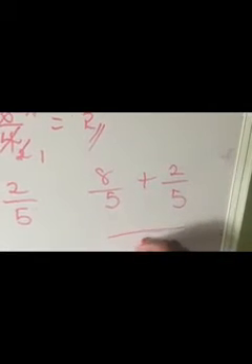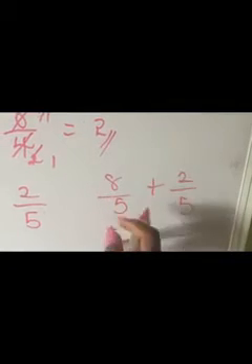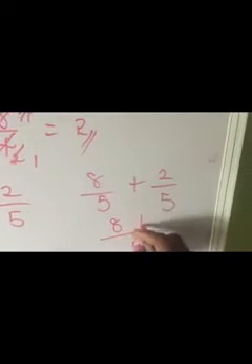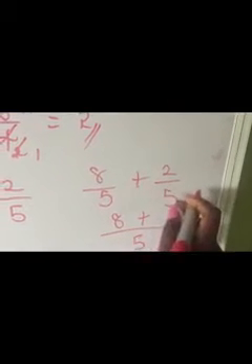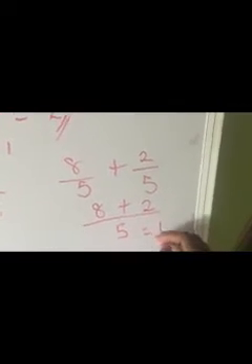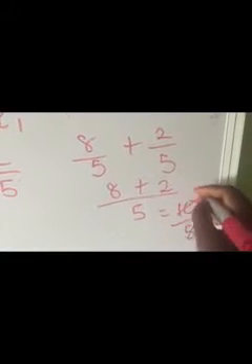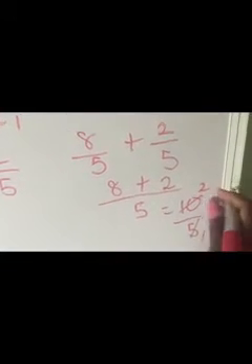The LCM is 5. 5 divided by 5, 1. 1 times 8, 8. Plus 5 divided by 5, 1. 1 times 2, 2. Equal to 10 over 5. 5 here, 1. 5 here, 2. 2 over 1 gives us 2.